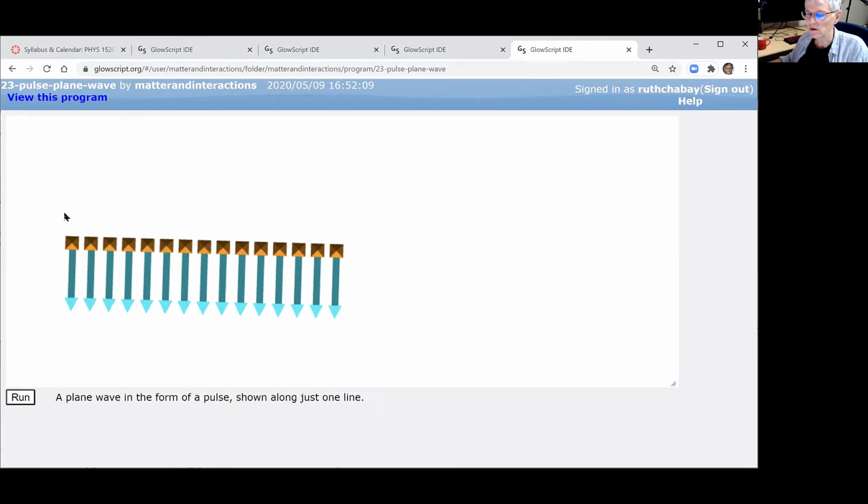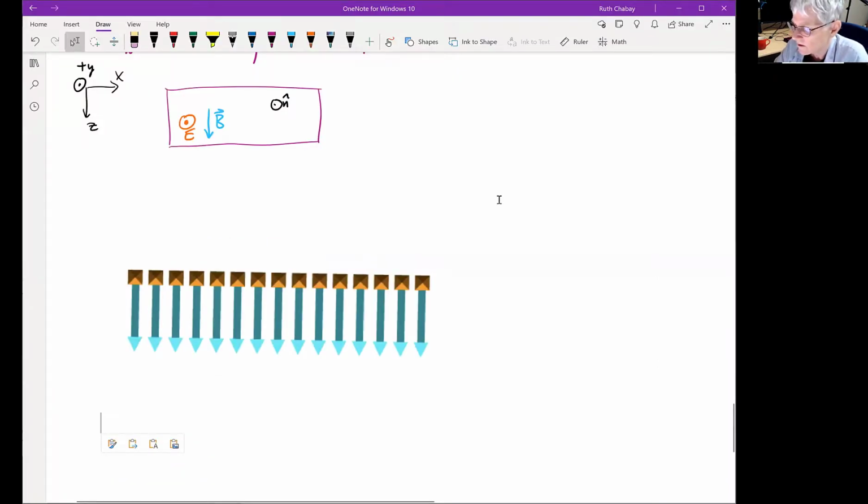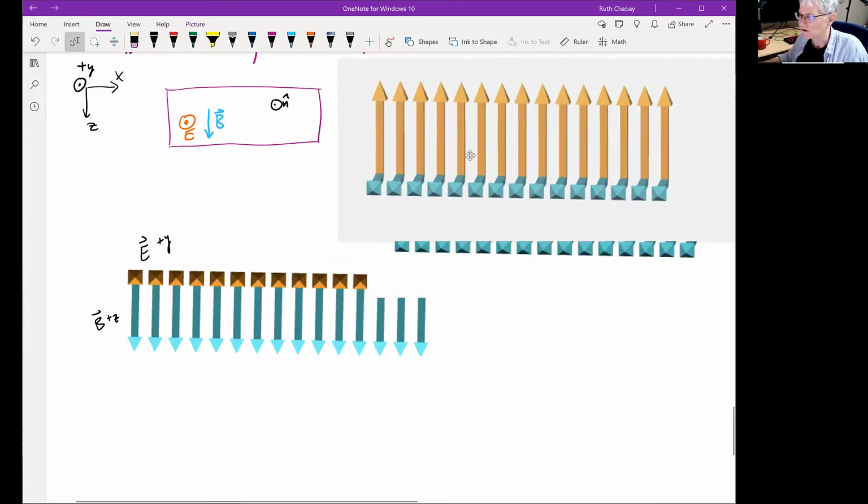And then what we're going to do is just draw a path that kind of looks like that. So the electric field is in the plus y direction, so we move the camera so we're looking down, okay? And so B is in the plus z, as opposed to this.